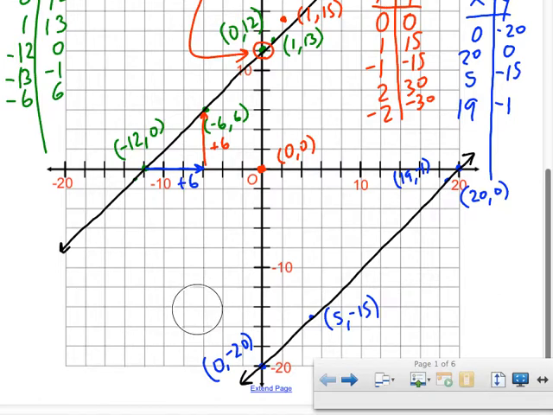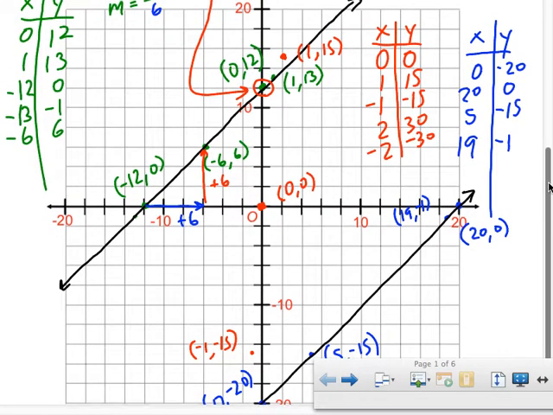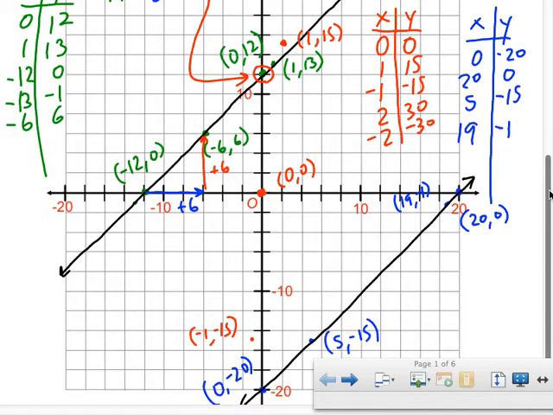Let me redo that one. Okay, now if I'm going to draw a line through all of this, here's what I have. It's a very, very steep line, right?